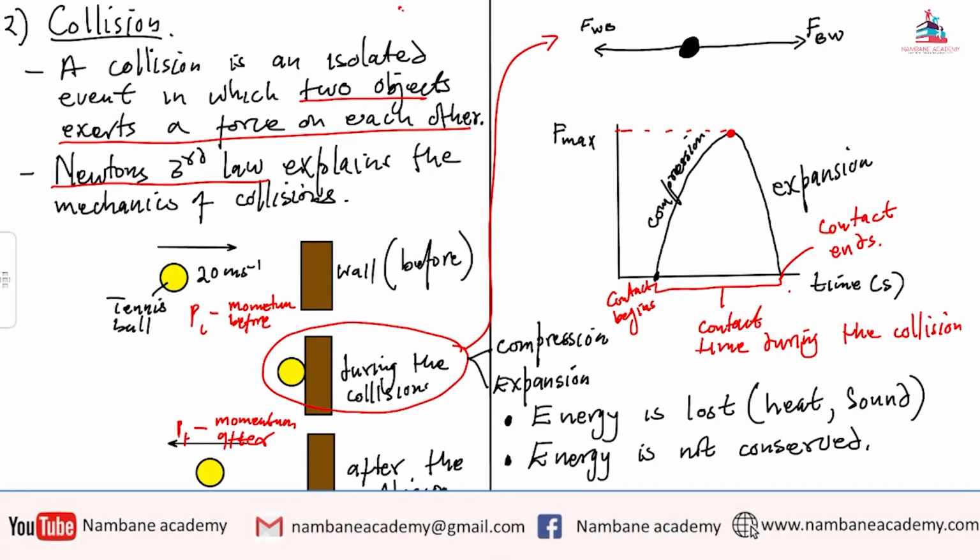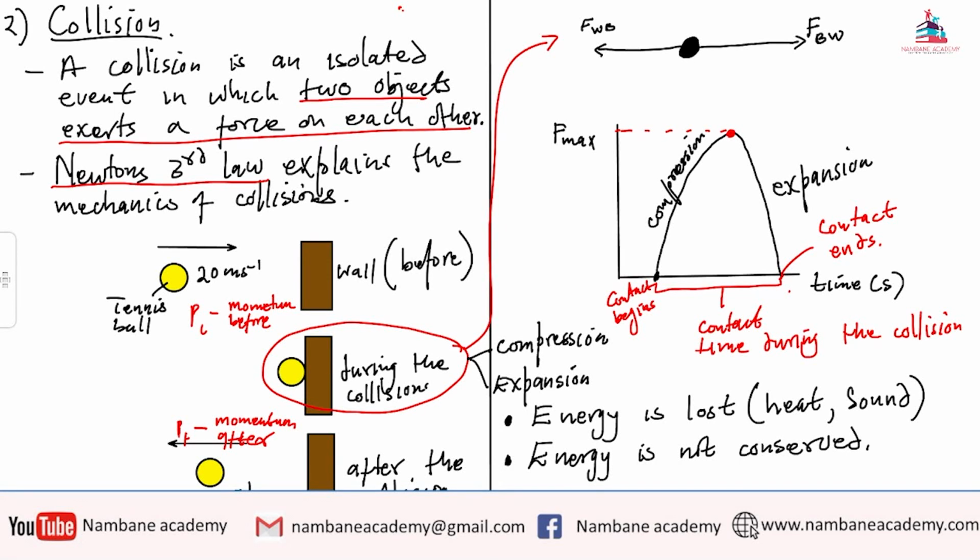Let's quickly go back to this one. Because of the energy that is lost, we will say maybe roughly this one will now be traveling at 15 meters per second.